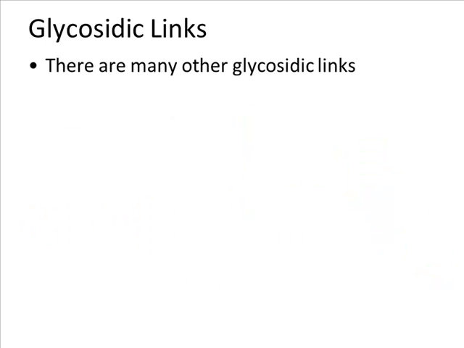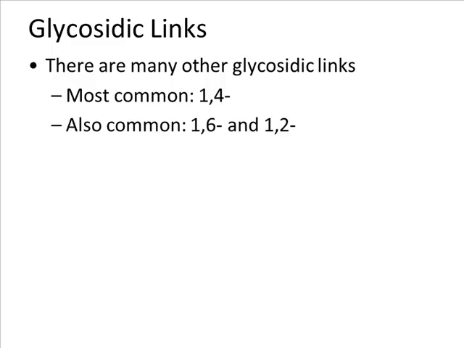Now maltose was an example of a disaccharide that had an alpha 1,4 glycosidic link. And 1,4 links, as I mentioned, are very common, whether they're alpha or beta. It's also common, however, to run into links between the first and the sixth carbon or the first and the second carbon. And there could be others as well. There's a couple reasons these differences in where the glycosidic link forms can have interesting consequences for the molecule.